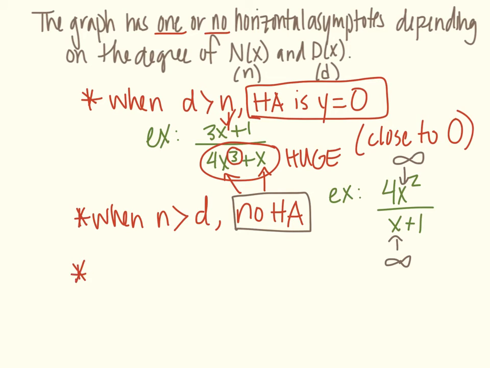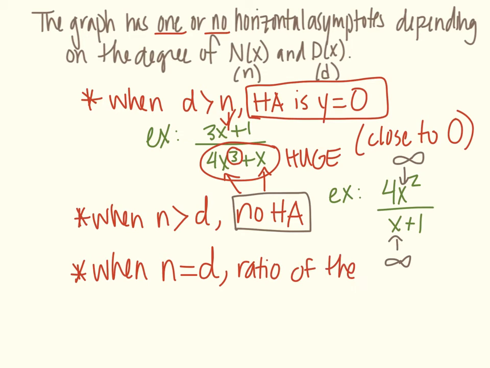And then lastly, when the degree of the numerator equals the degree of the denominator, this is the weird part, it's going to be the ratio of the leading coefficients. Okay, I'm going to say that again.